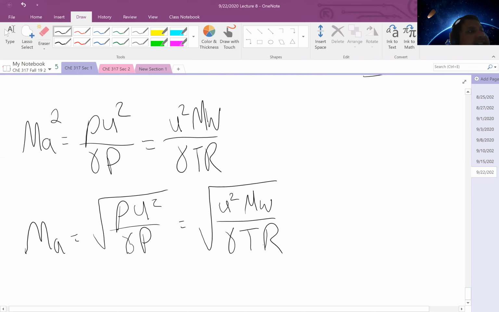So we can use this to identify the Mach number of our fluids, to get an idea of the relative velocity of our fluid as compared to its speed of sound, given its current temperature and pressure.